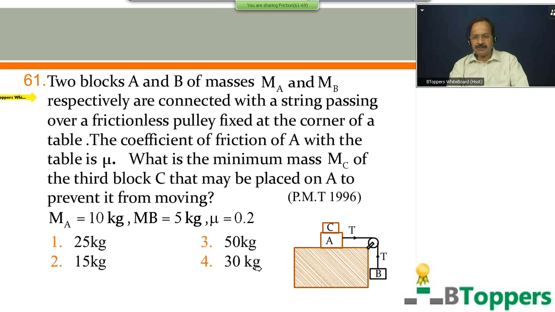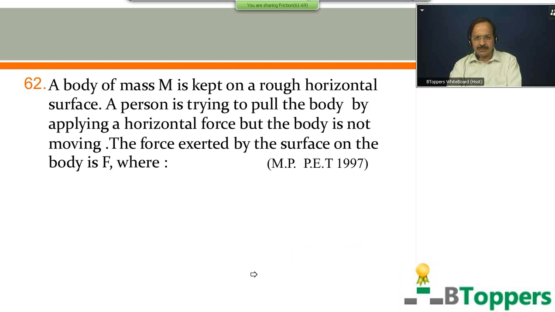You can even copy the figure and finish trying the problem yourself. I am going to show you the next question on the screen.